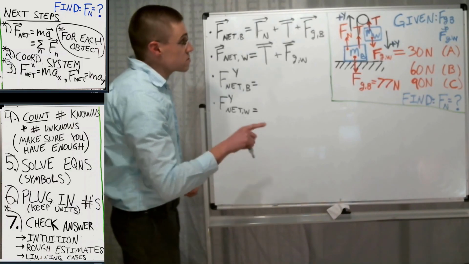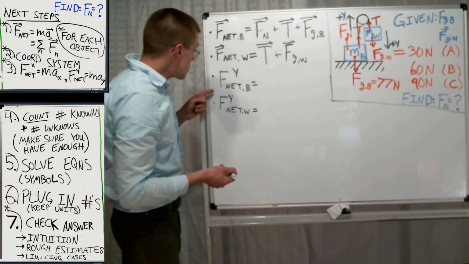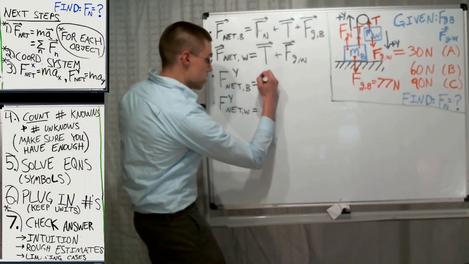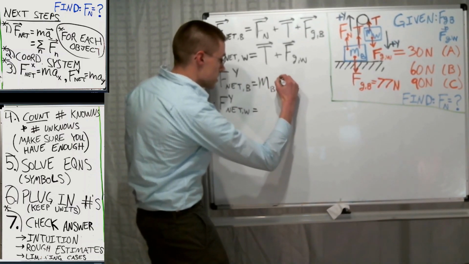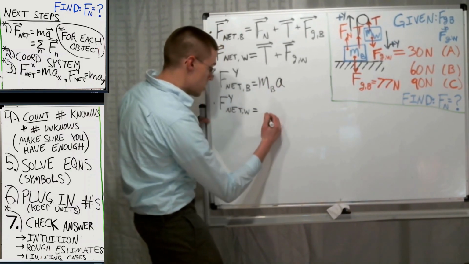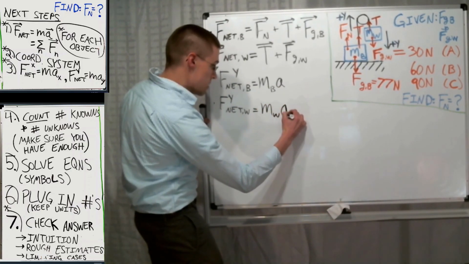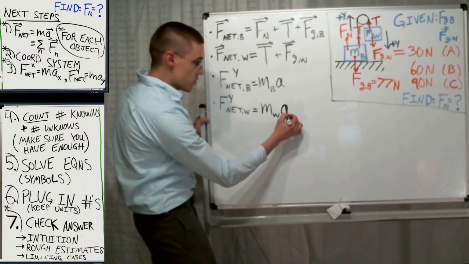There's no x forces involved here, so I can just set these F net y in terms of, right, this will be equal to mass B times A, and this will be equal to mass W times A. So the acceleration only has one component.